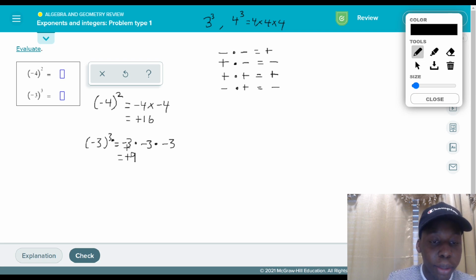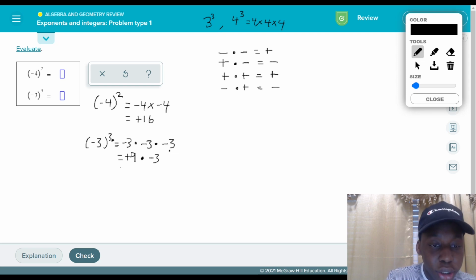So that means minus 3 times minus 3 gave us a plus 9, but we're left with this number here. So this is plus 9 times minus 3. Now we don't include these two, because we know when we multiply minus 3 by minus 3, that gives us a plus 9. And now we include this one because we didn't include it when multiplying these two.